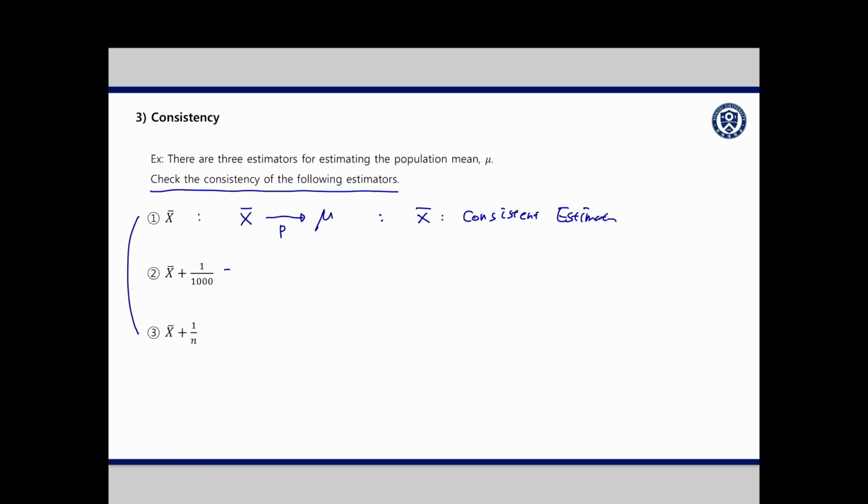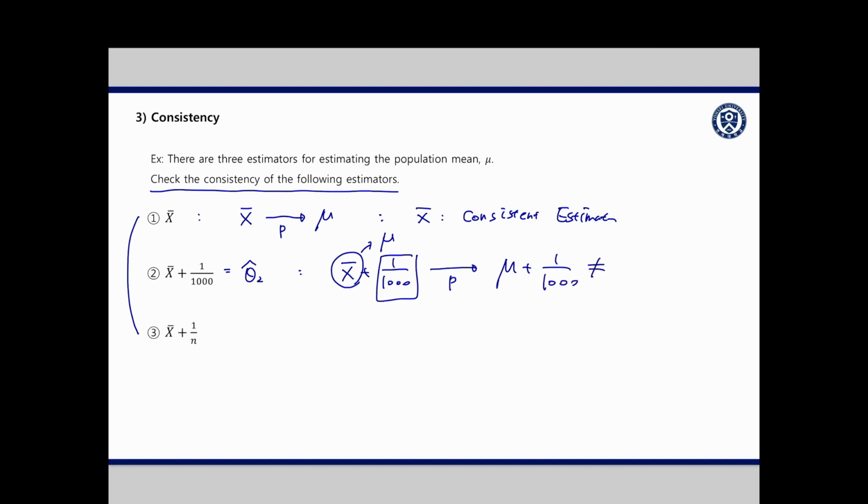The second estimator, theta hat 2, is x bar plus 1 over 1000. The x bar goes to mu, and 1 over 1000 is a constant, so it converges to mu plus 1 over 1000.